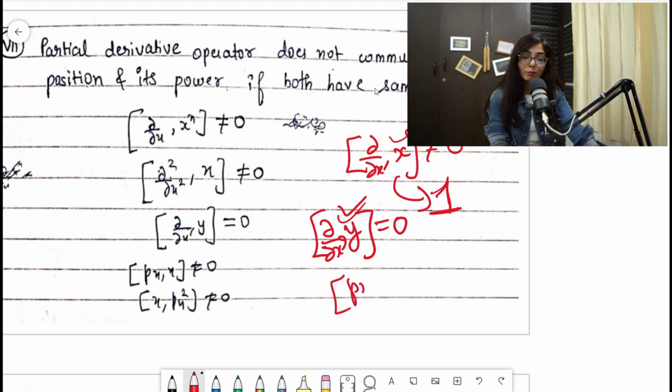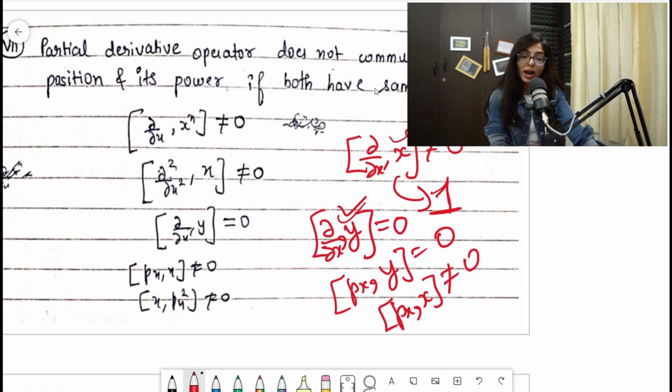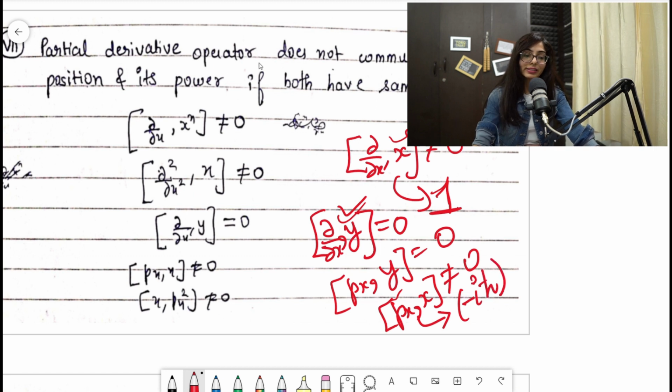Same with this one: if px is with another operator, that will be 0, and with the same operator it would be non-zero. Since px is at first, the value will be minus iħ. I hope that is clear.